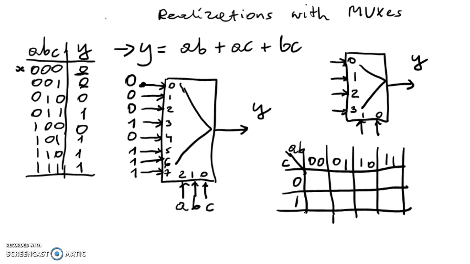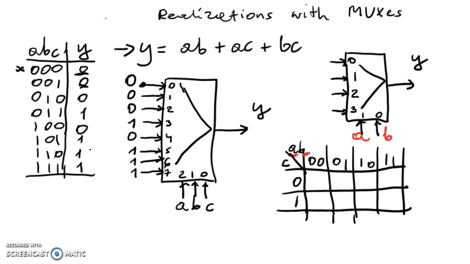By doing this in this manner, where A and B are in columns, you simply assume that A and B will be connected appropriately to the select lines: A on the left-hand side as the higher bit, and B on the right-hand side as the lower bit, bit 0, of the select line. That's why we constructed the table in this manner.